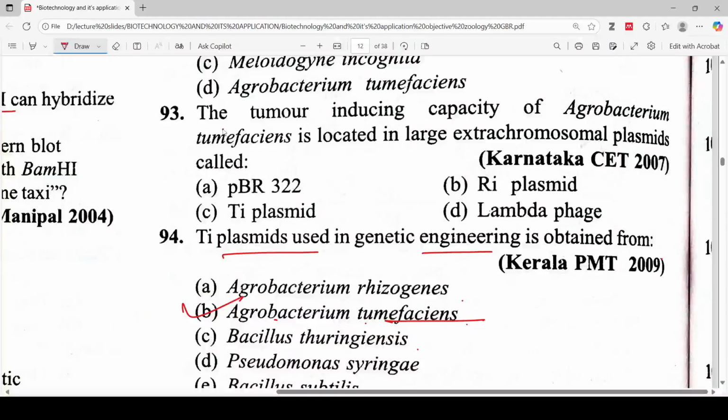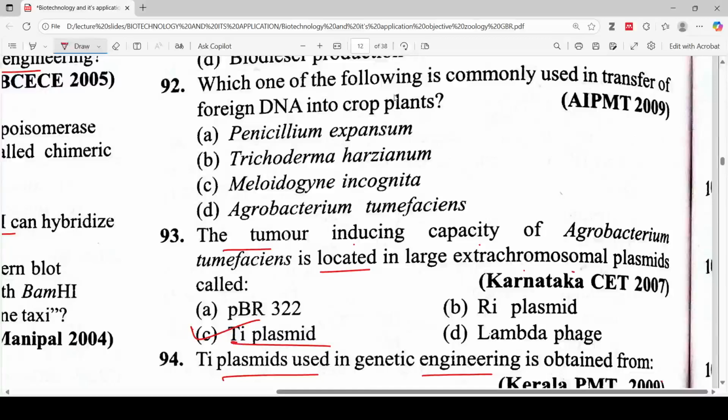The tumor inducing capacity of Agrobacterium tumefaciens is located in large extrachromosomal plasmids called the Ti plasmid, option C. Next question, which one of the following is commonly used in transfer of foreign DNA into crop plants? So Agrobacterium tumefaciens will be the correct answer for this question.